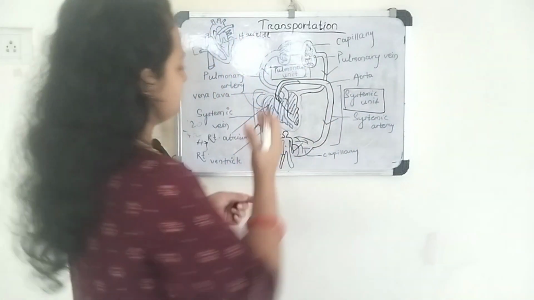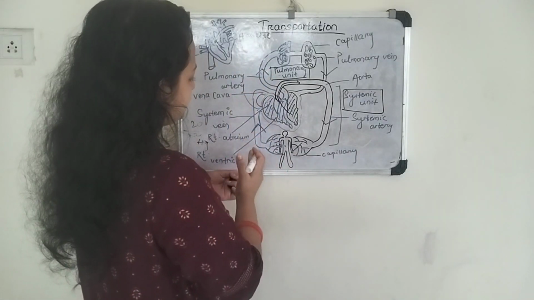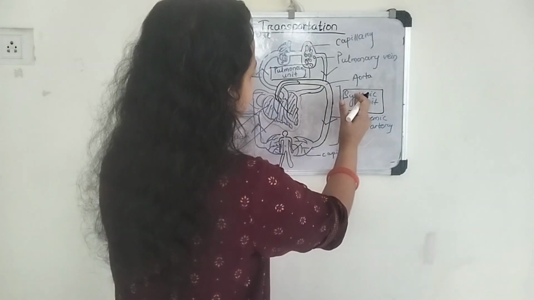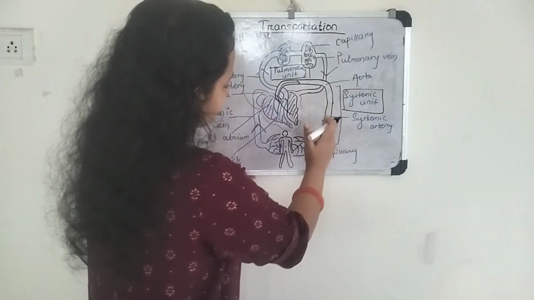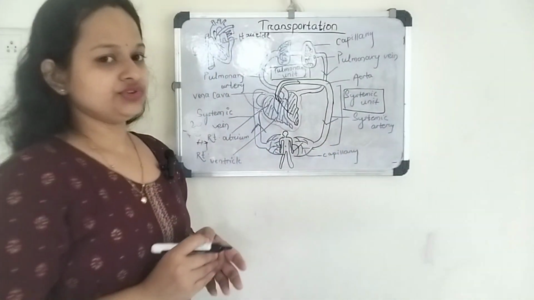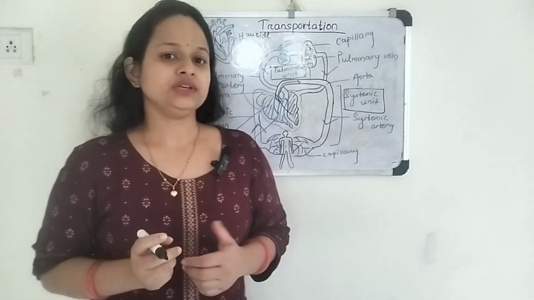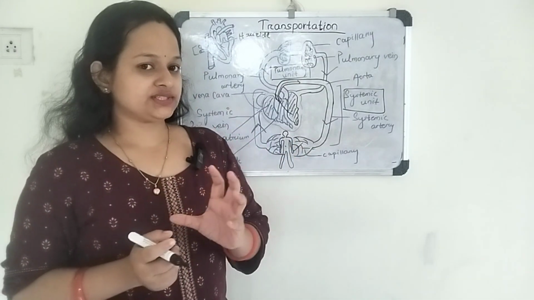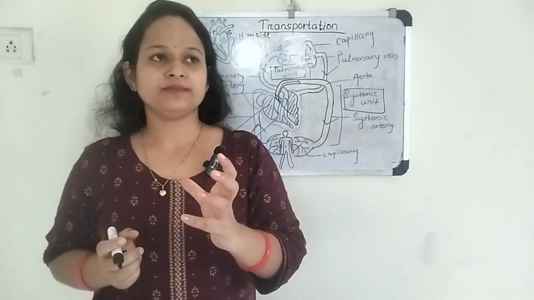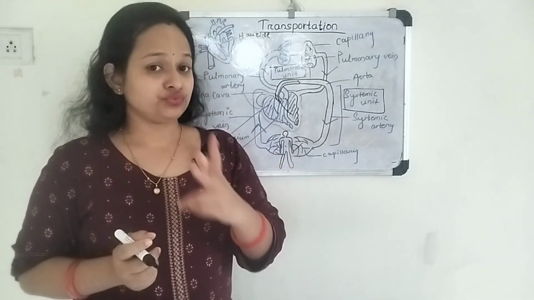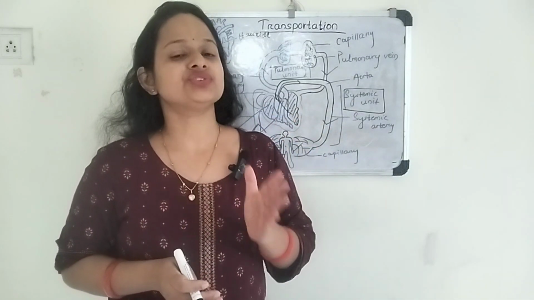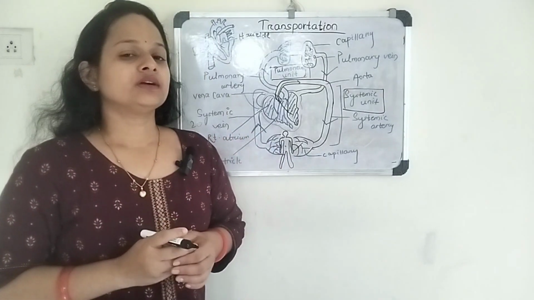The pulmonary unit starts with deoxygenated blood, and the systemic unit starts with oxygenated blood. In these two pathways the circulation completes. In humans, as the blood enters the heart twice, this type of circulation is known as double circulation.